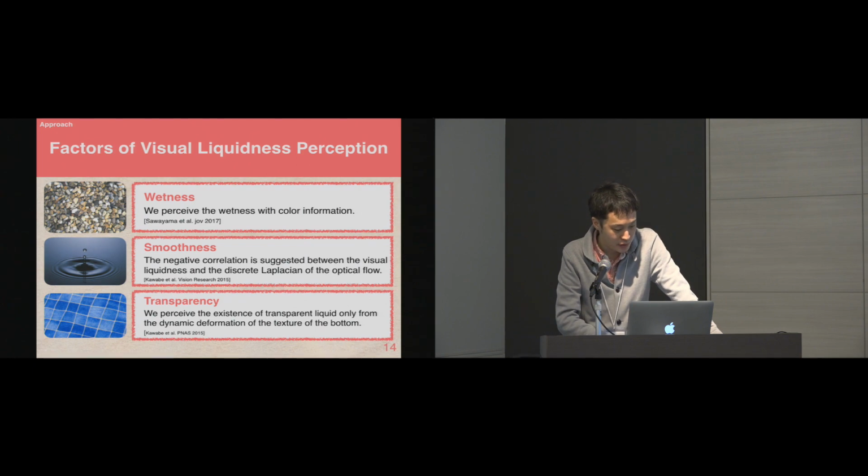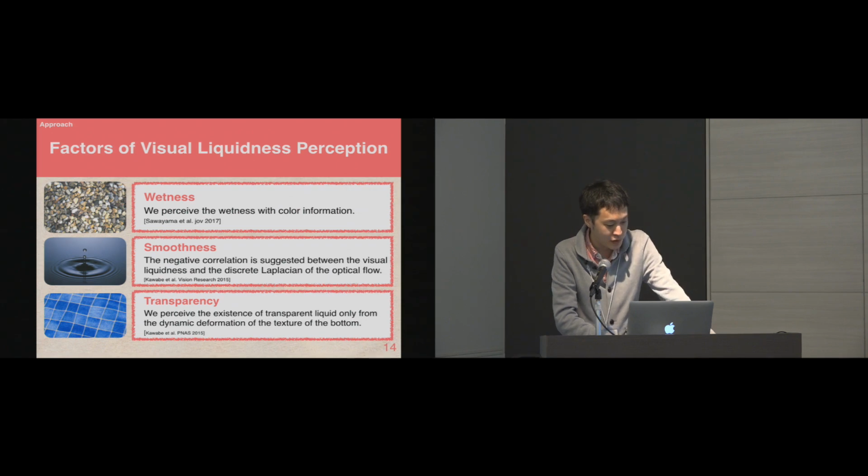Koike reported there is a negative correlation between the liquidness impression and the average discrete operation of the optical flow in images observed by us. That is, if the image observed by humans is moving smoothly, the visual liquidness impression increases.